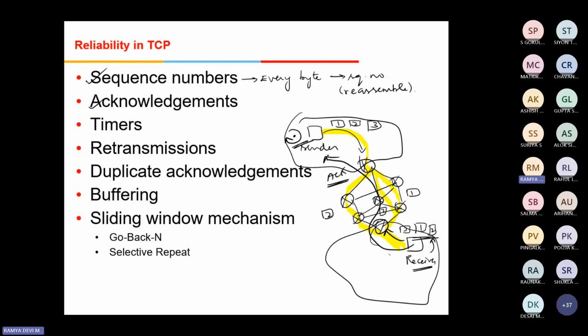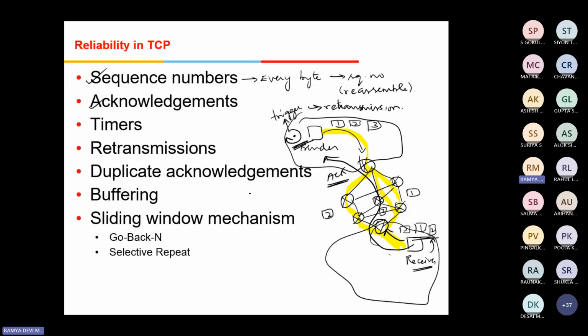If it gets the acknowledgement before the timer expires, that's okay, and the next packet in the buffer will be transmitted. Right. But if the acknowledgement is not received within the timer, the expiration of the timer will trigger the retransmission.